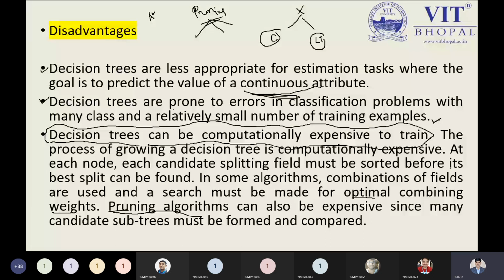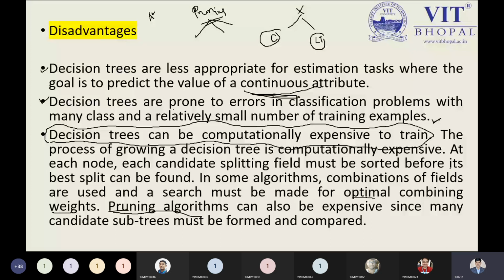But when talking about its biggest disadvantage, I have circled it with a black line. You can see a decision tree can be computationally expensive to train. Why? Because whenever we use the decision tree and need to train the model, it takes much time.